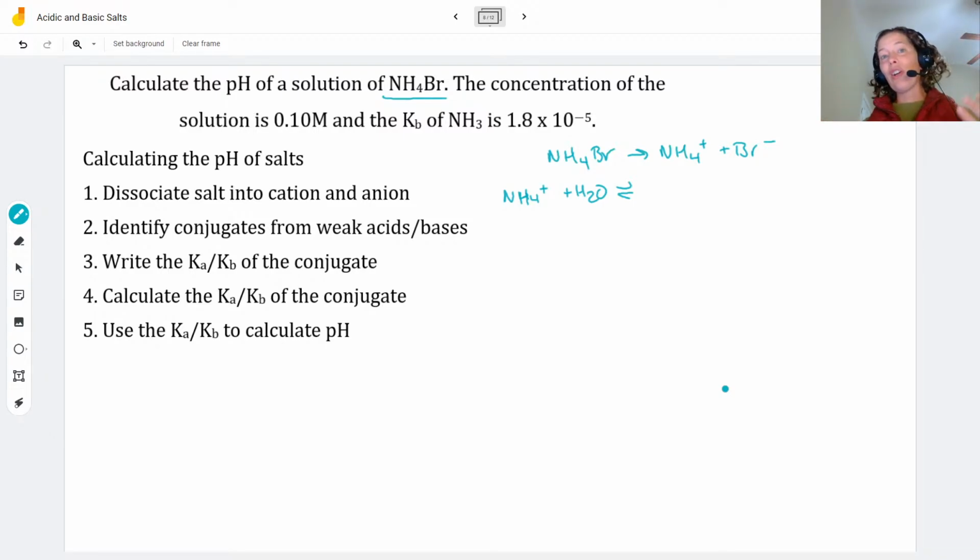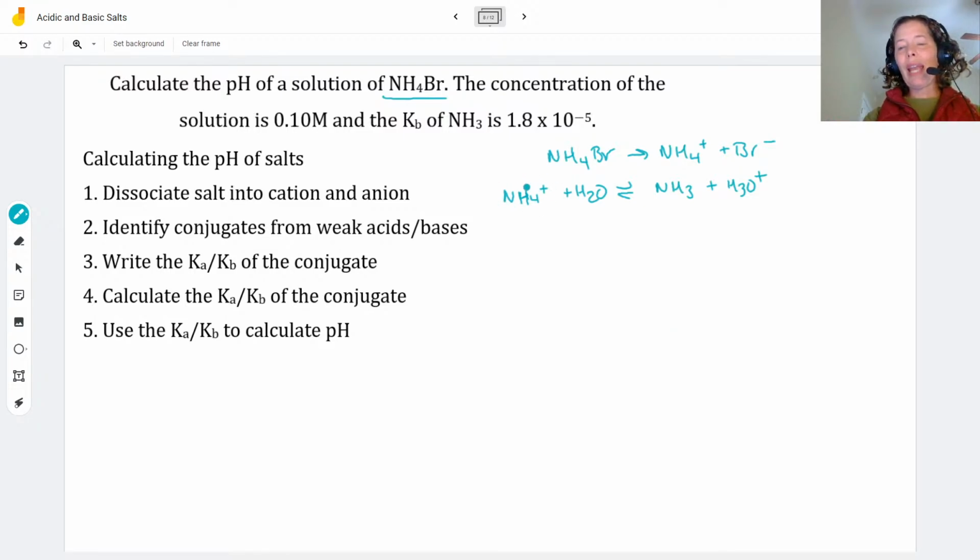Well, it already has an extra proton, because ammonia is NH3, so it's already accepted a proton. So this is going to act as an acid and donate a proton. That means we have ammonia and hydronium. This is the equilibrium that is going on in solution.